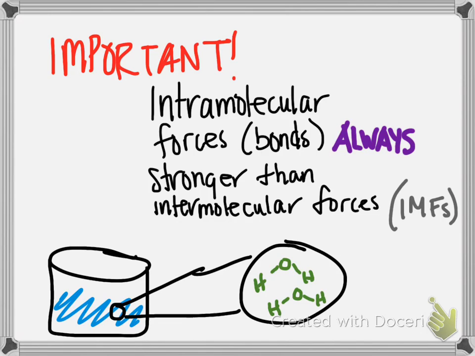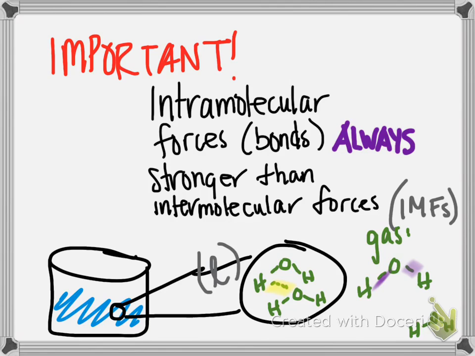So bonds are stronger. Now here's an example that might help you make sense of that. In liquid water, you have water molecules that are being attracted together by intermolecular forces. Again, that's a liquid, so you have that L right there. Now, when those water molecules become a gas or evaporate, you know that they're still H2O. They're just a vapor or gas form of H2O.